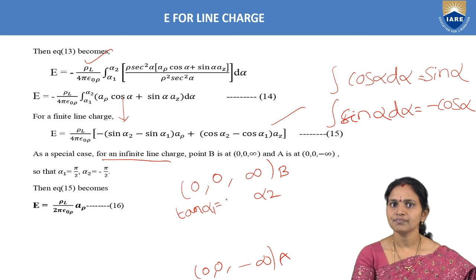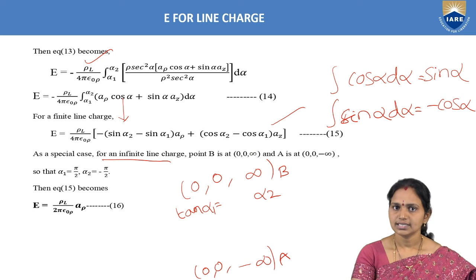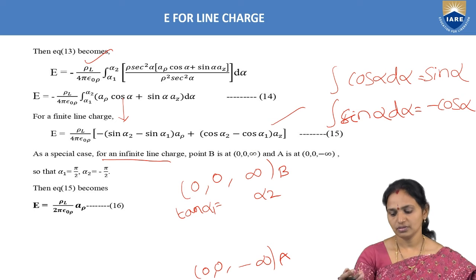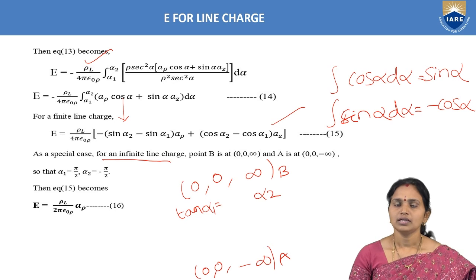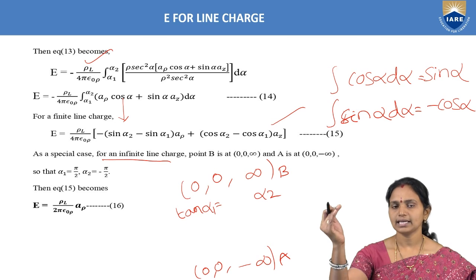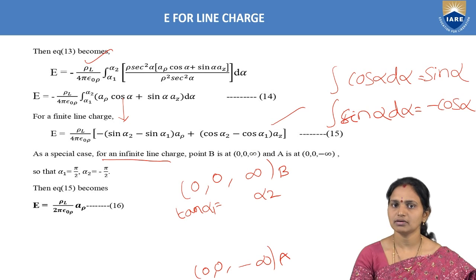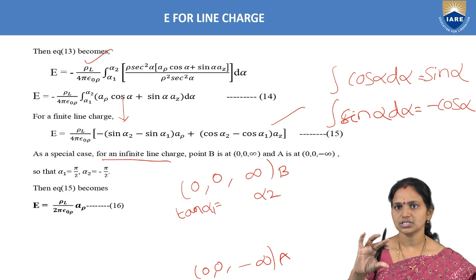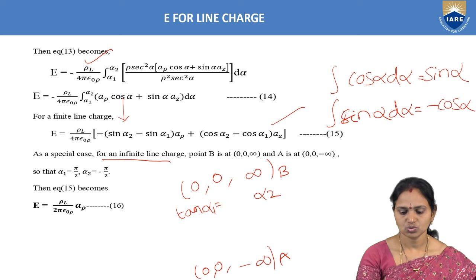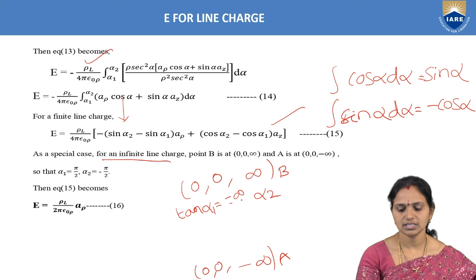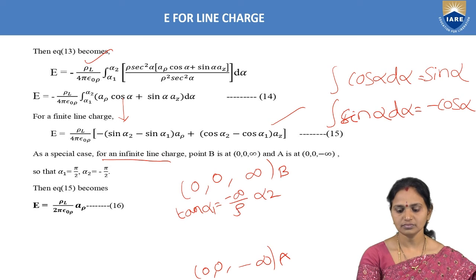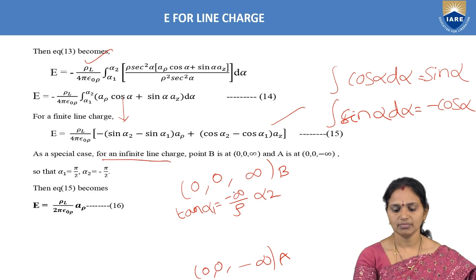Tan angle is opposite side by adjacent side. Going through the first diagram, alpha 1 corresponds to the angle between the field point and point A. Point A is at minus infinite, then tan alpha 1 equals opposite side, minus infinite, divided by adjacent side rho.